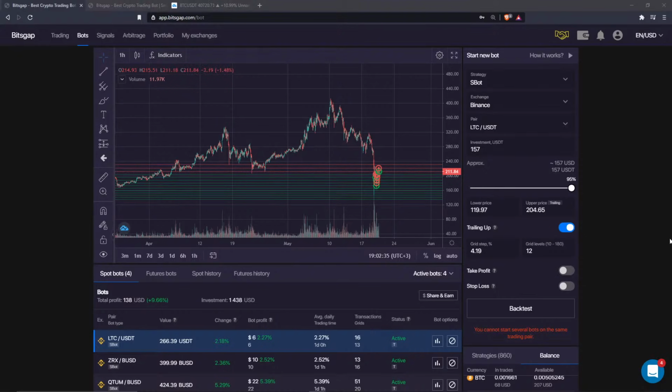So today we will be talking about the risk management tools that you need to use when trading, regardless of the market trend, whether it's a bullish trend or bearish trend. Risk management is what defines success, and it doesn't really matter how many times you were right in a row.